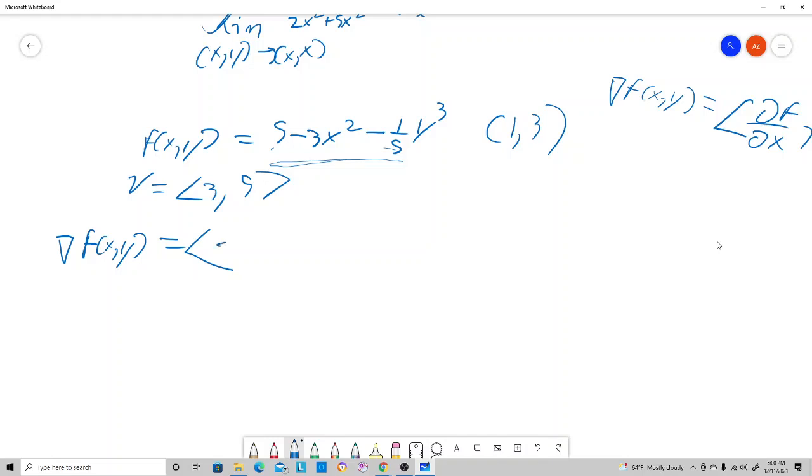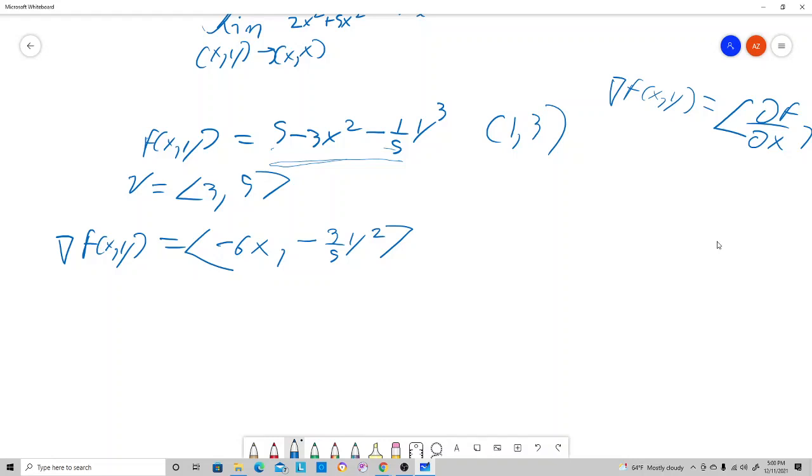So this will be negative 6x, and then the y will become negative 3 over 5 y to the second. That's our gradient. And then I'll talk about it after this.